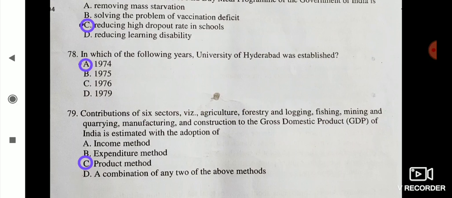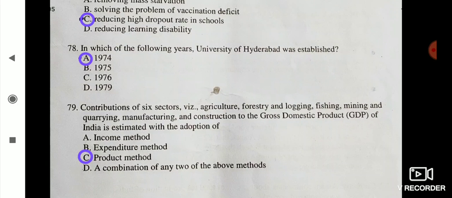Then next, in which of the following years was the University of Hyderabad established? The given options are 1974, 1975, 1976, 1979. And the University of Hyderabad was established in the year 1974. So here the correct answer is option A.